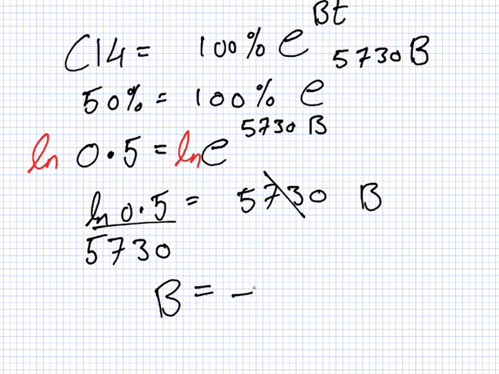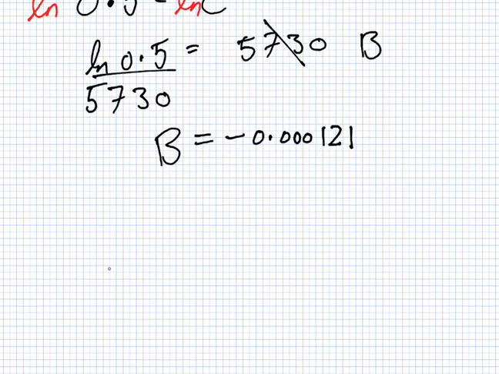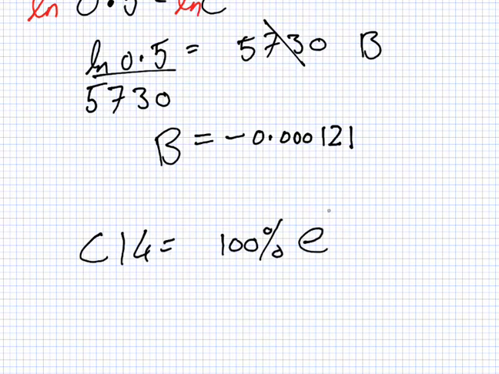Yeah, okay, minus 1.2 times 10 to the minus 4, so that would be minus 0.000121, something like that. Okay, that's the b. So now we have our formula. We know that carbon-14 will equal 100% e power minus 0.000121 T.